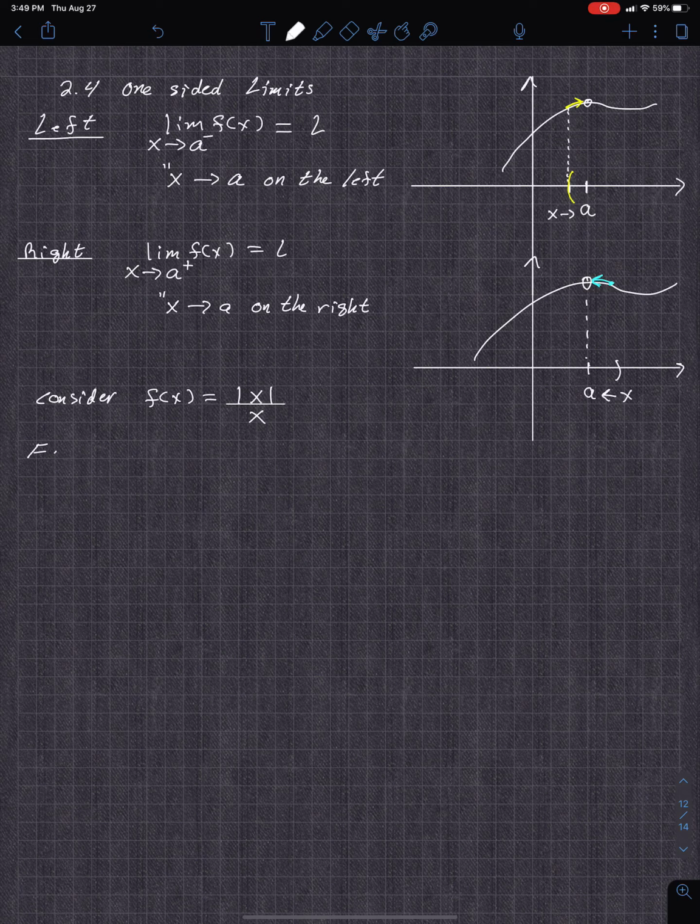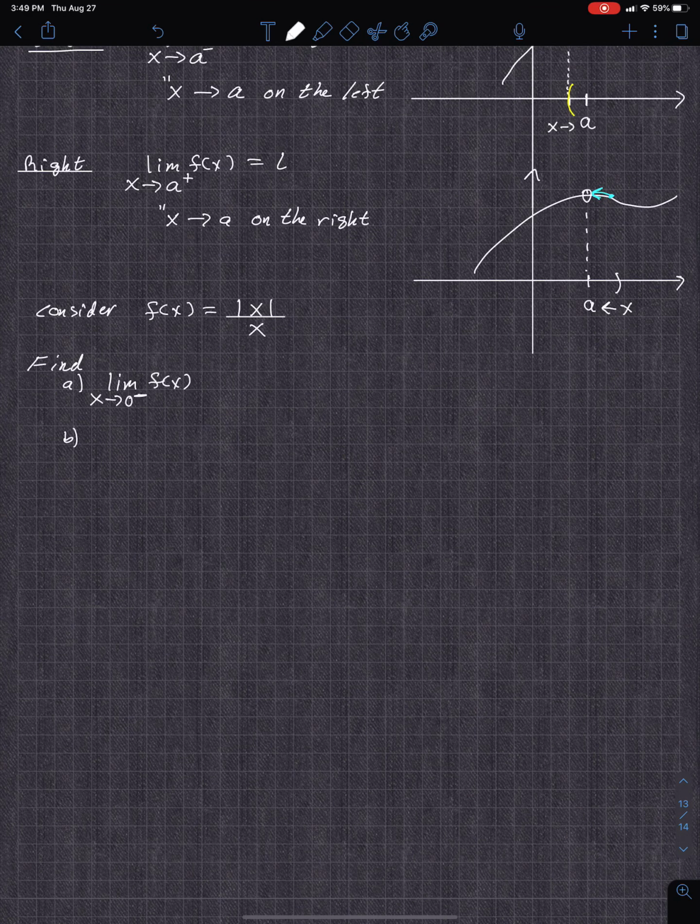Then find a, the limit of f of x as x approaches 0 on the left, and then b, the limit of f of x as x approaches 0 on the right, and then, we've already done this one, c, the limit of f of x as x approaches 0, period.